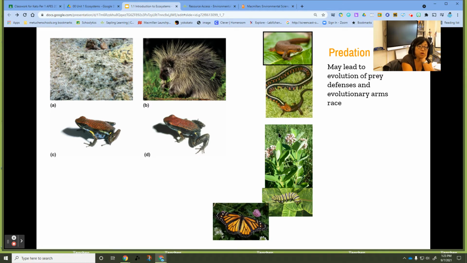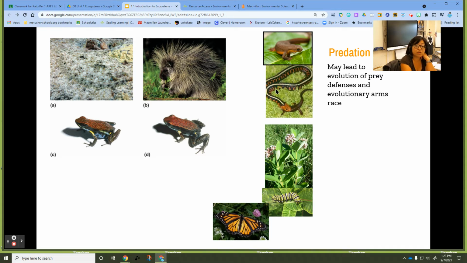Oftentimes these guys are brightly colored, like I said, to advertise the fact that they're poisonous. This newt, the salamander, is actually brightly colored on the underside, so it might be pretty cryptic when you find it on the forest floor, but when it feels threatened, it will flip over and show its really brightly colored belly to warn predators, hey, you better not eat me, I'm pretty nasty.